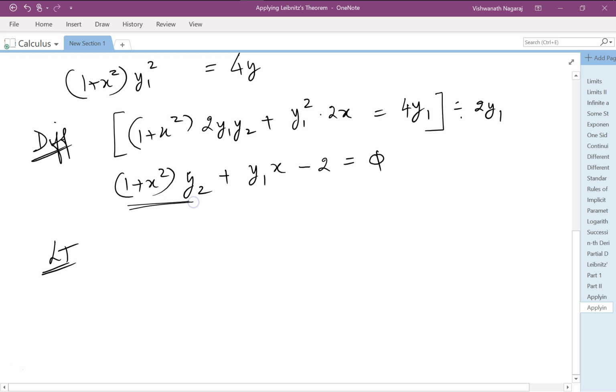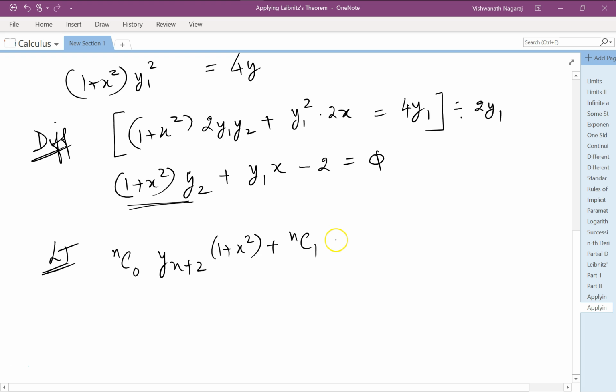Let's apply it to this first. nC0, let's say y2 is the u function. So in which case un will be what? Y n plus 2, because 2 twice we have already done. And v remains as it is, so 1 plus x square, plus nC1.